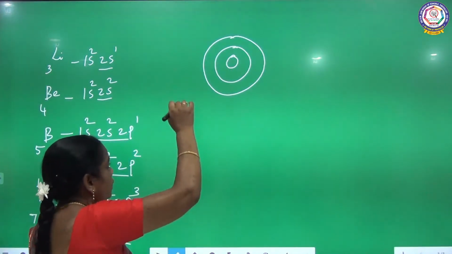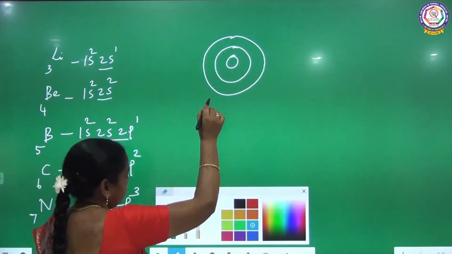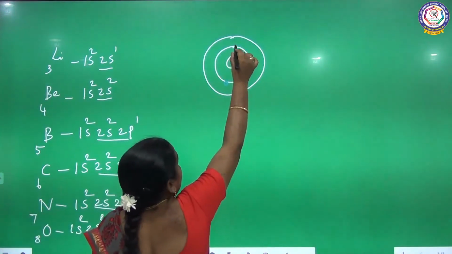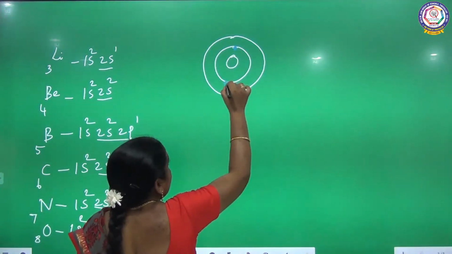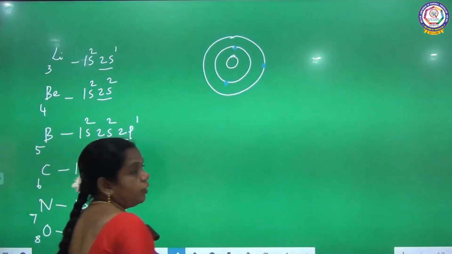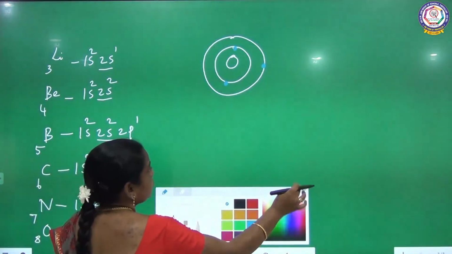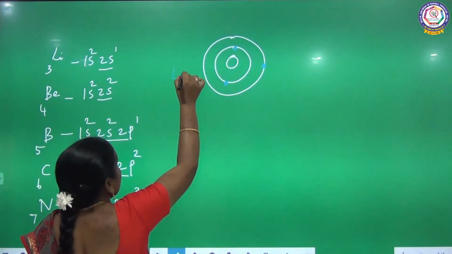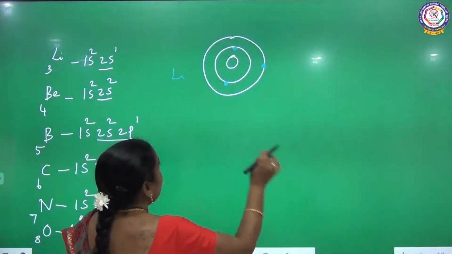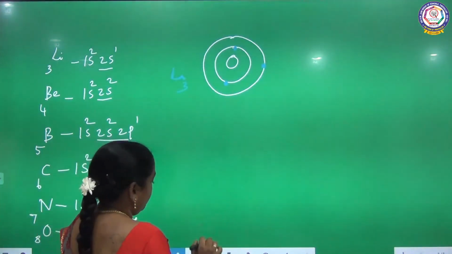In the first energy level, 2 electrons, and then in the second energy level, 1 electron. This is for lithium.